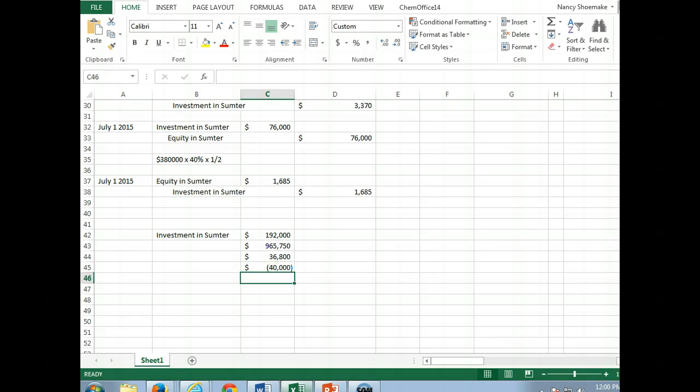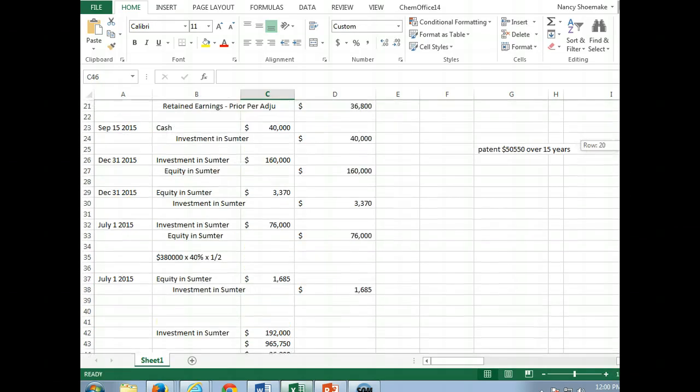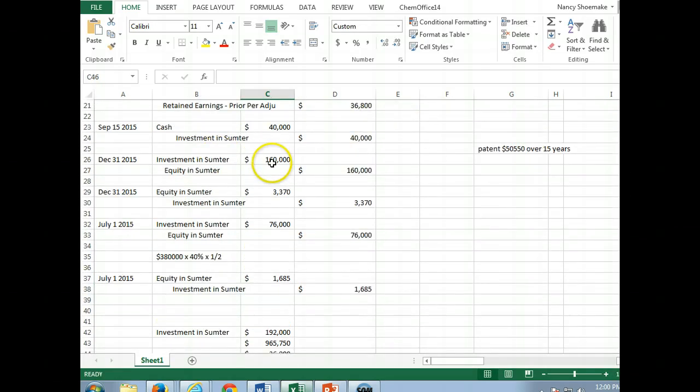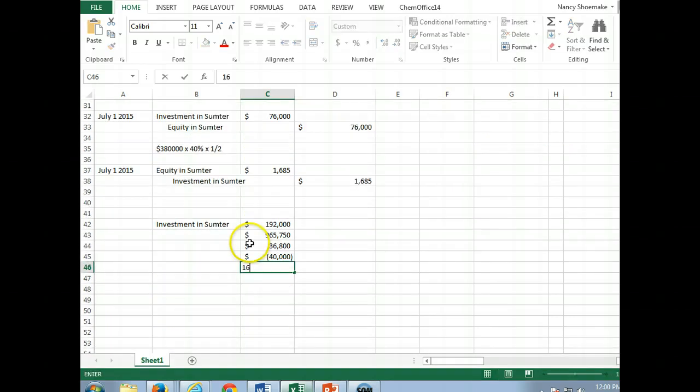Then we go back here. We add our investment on December 31st, 2015 of 160. That was a debit. But we also have a credit on the same day for our patent allocation, 3,370. Then on July 1st, we allocated our income and also subtracted out our allocation on the patent.